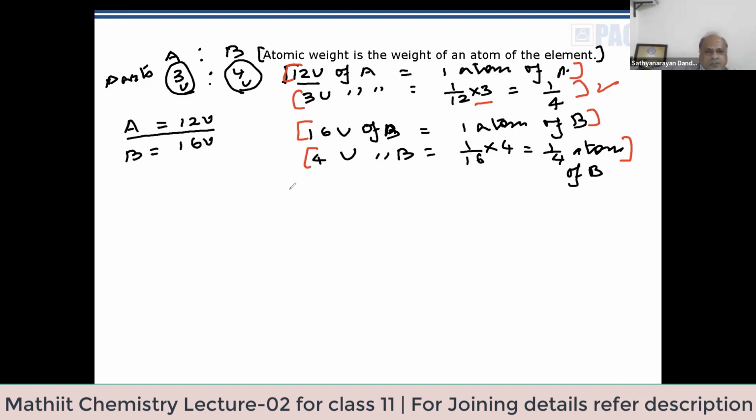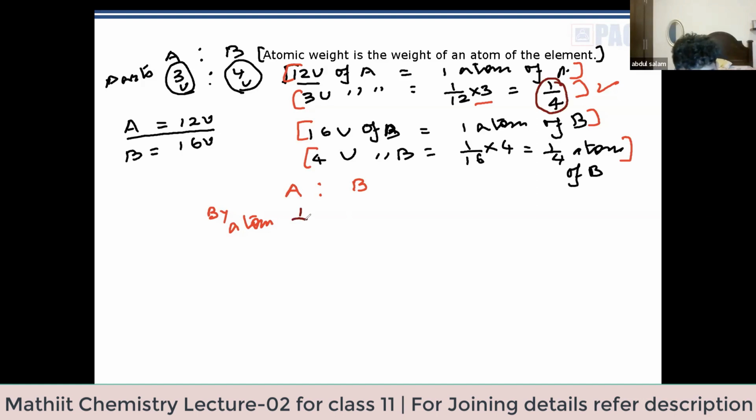Now you understood? So now A is to B by atoms, what is the ratio? How many atoms of A? 1 by 4 atom of A. How many atoms of B are combining? 1 by 4 atoms of B. Right. Now tell me, can 1 by 4 atom exist or can 1 atom exist? 1 atom can exist.